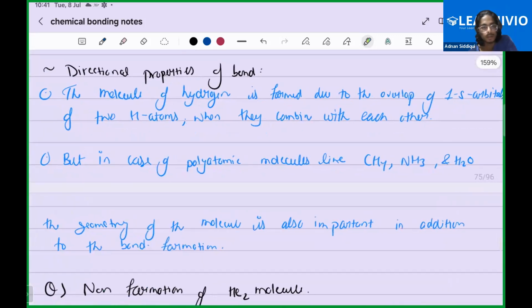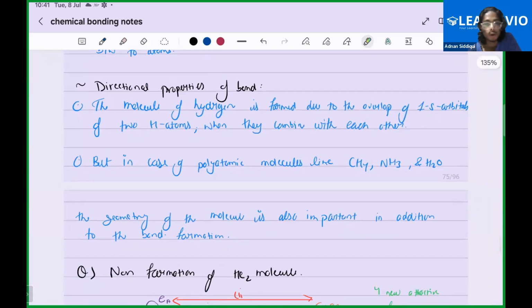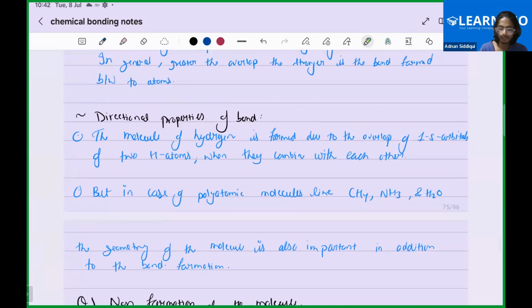Directional properties of bond. The molecule of hydrogen is formed due to the overlap of 1s orbital of two hydrogen atoms when they combine with each other. Why only 1s orbital? Why not 2s? Because it's a hydrogen atom, only one electron is present.